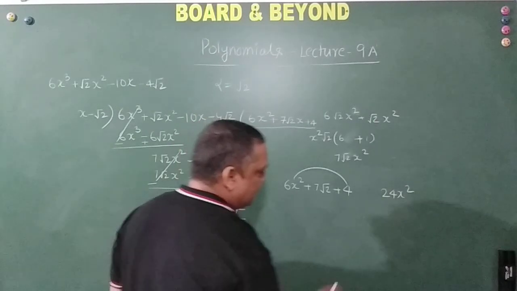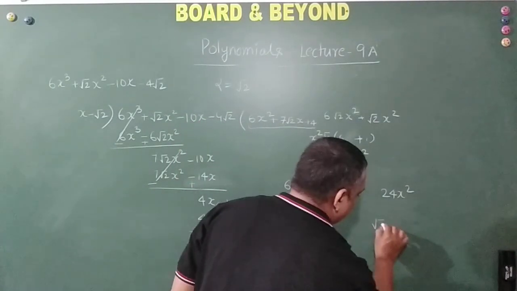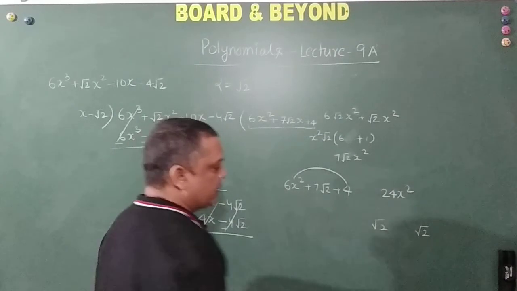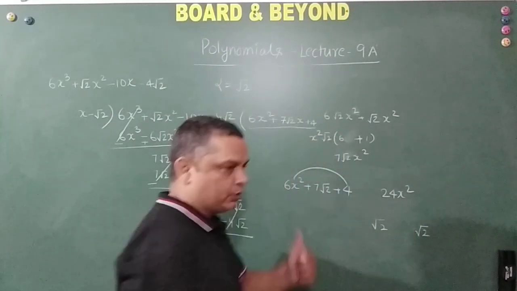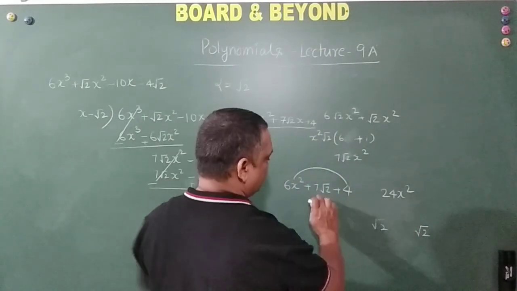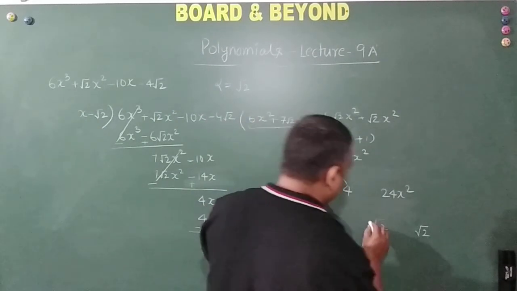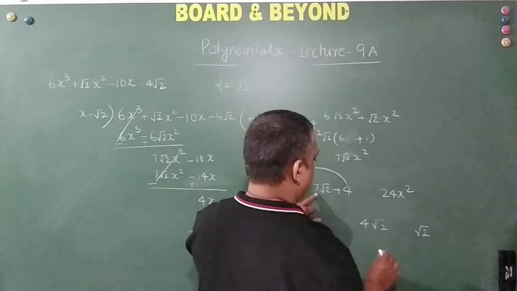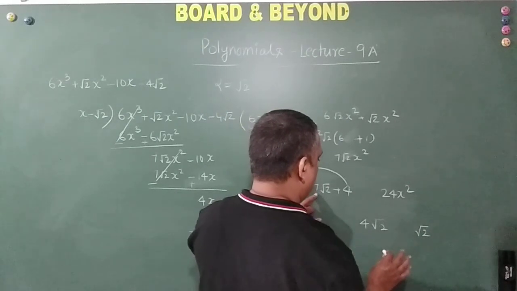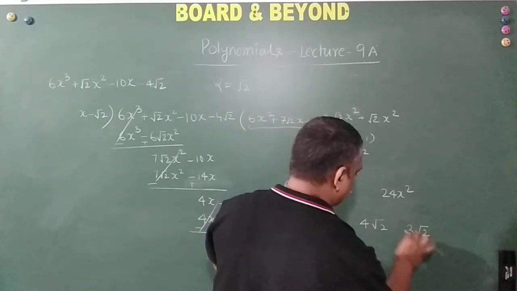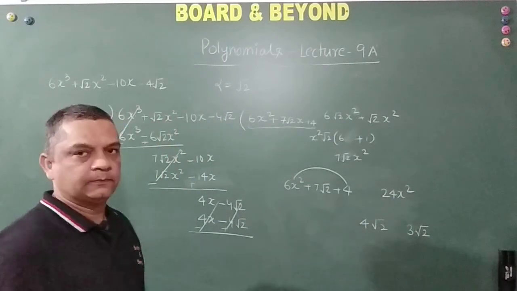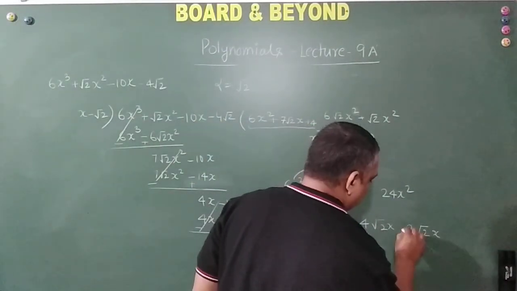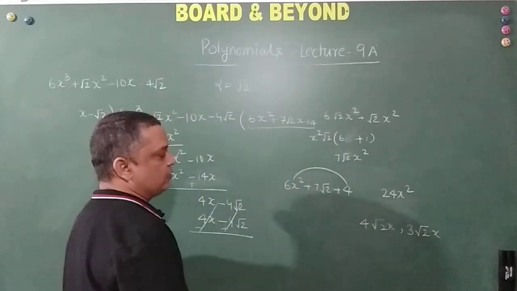So for that, what I will do is that I will take root 2 here and I will take root 2 here, as we did in the last problem. Okay, so I have taken 2 actually out, so remaining is 12. So 12 I need to break up into two parts. So let's break up like this: 4 and 3. Is it all right? Right? Now introducing x in both. So these are my two factors.